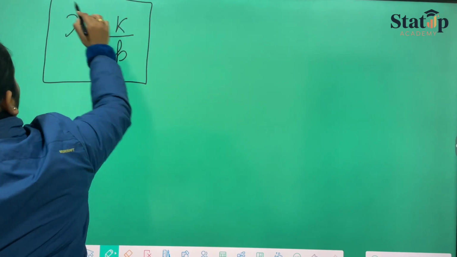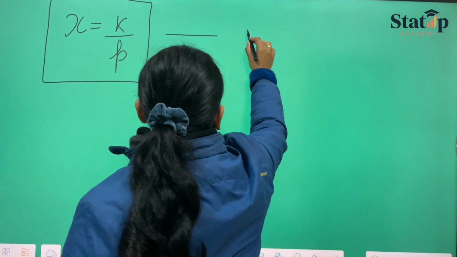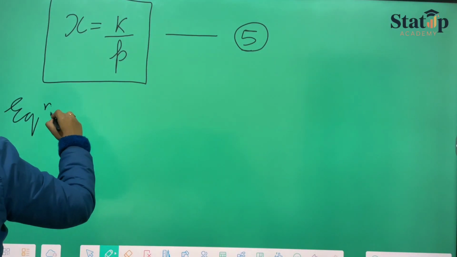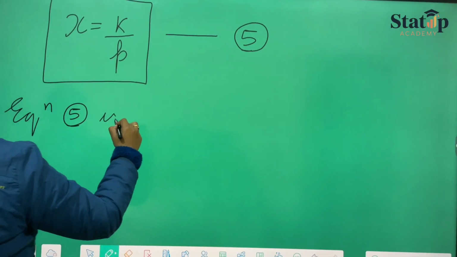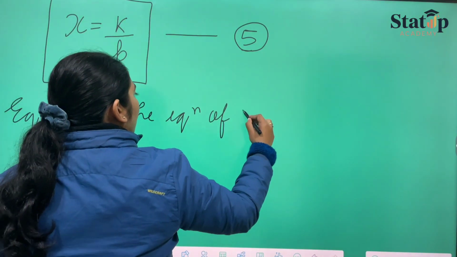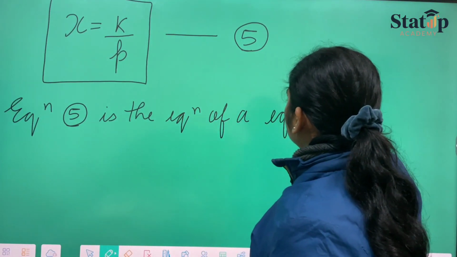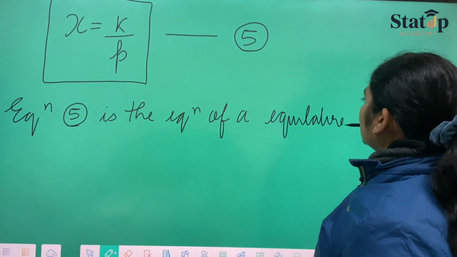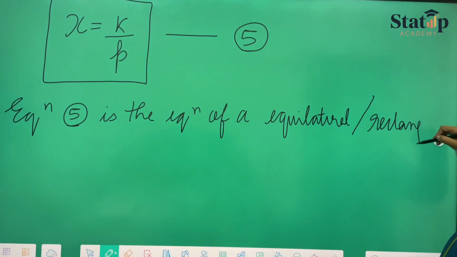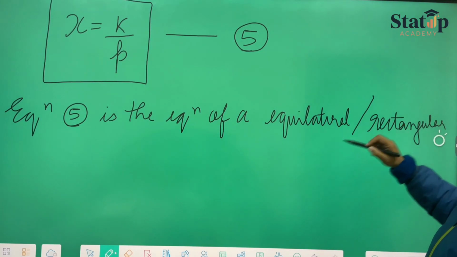Now we can state that this is equation number 5. Equation 5 is the equation of an equilateral, or we can say rectangular hyperbola.